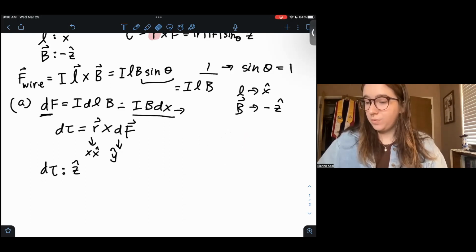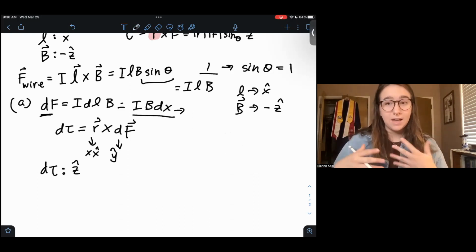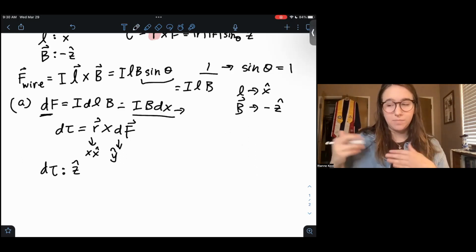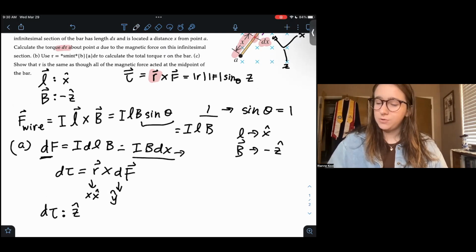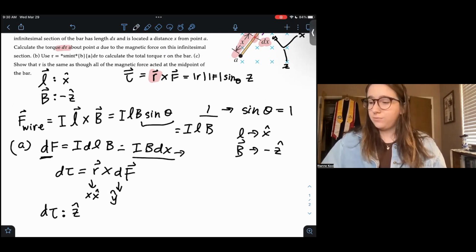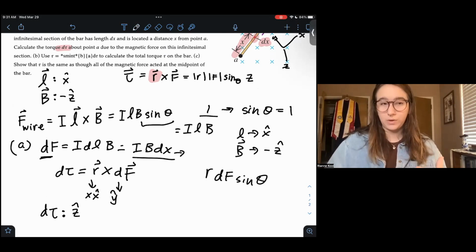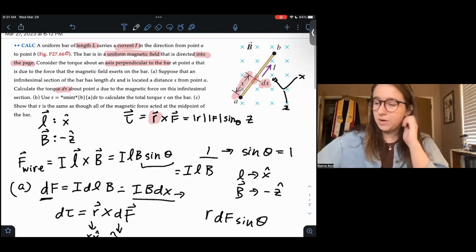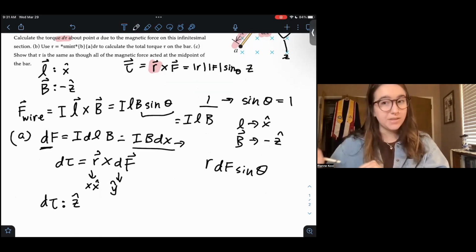It's also important to note again that our r vector and our dF vector are going to be perpendicular. So just like how I wrote ILB sine theta, we can write r dF sine theta, where the r vector, which is this x value right here, and dF are perpendicular to each other.